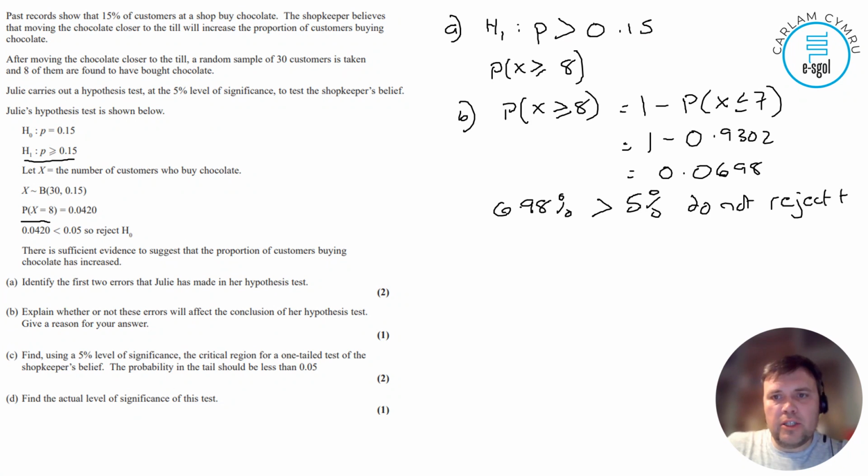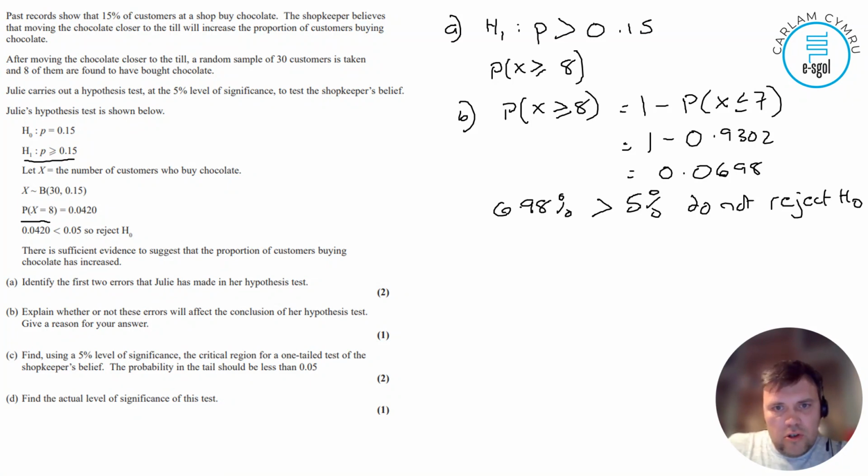Do not reject H0. And then find, using the 5% level of significance, the critical region for the one-tail test of the shopkeepers. So at the 5%, we know it's not 8, it's going to be quite close.